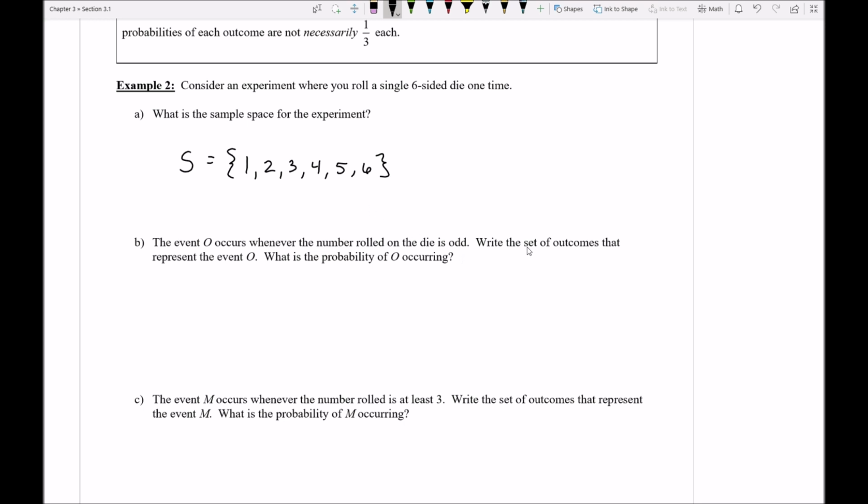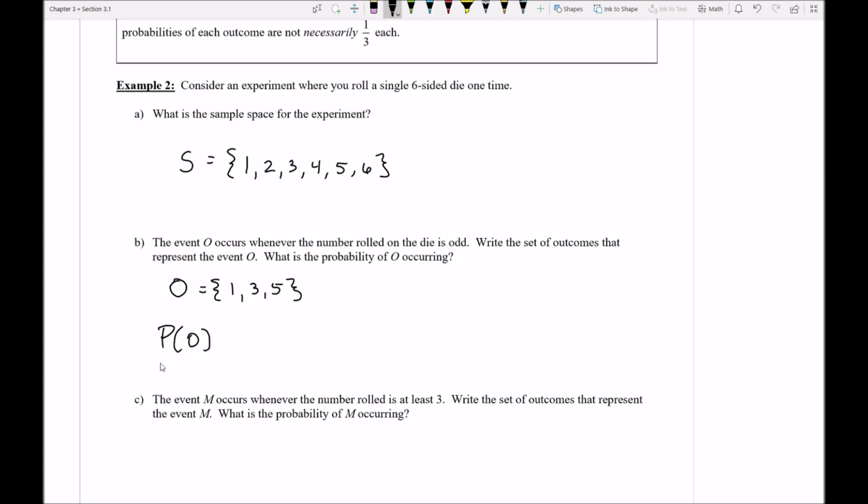So I want to write the set of outcomes that represents the event O. Let's do that first. So if O occurs whenever I roll an odd number, then what are the different possible outcomes up here that would make O actually happen? Well, that would be rolling a 1, a 3, or a 5, since those are my only odd number values. So now I could ask, what's the probability that O occurs?